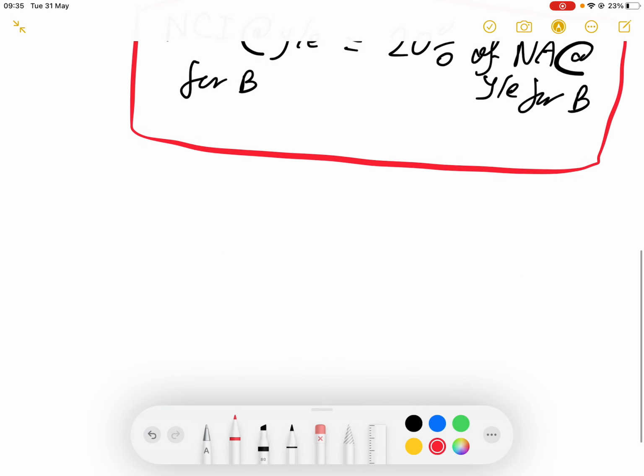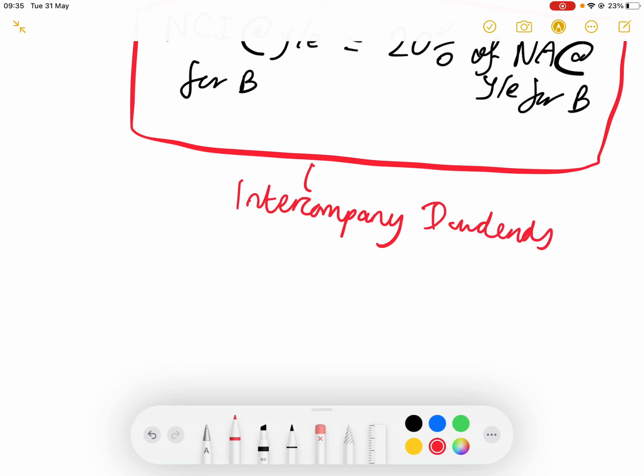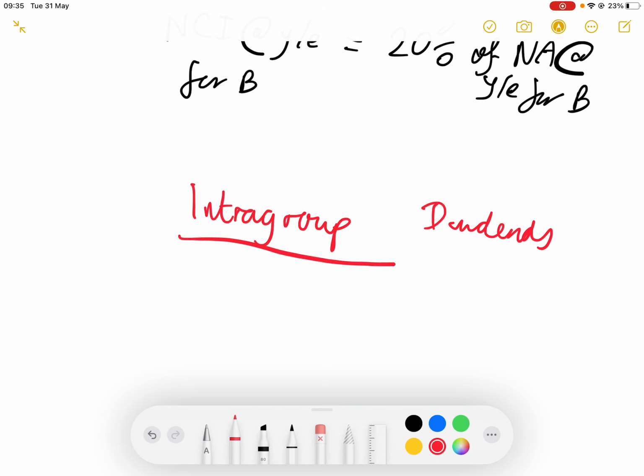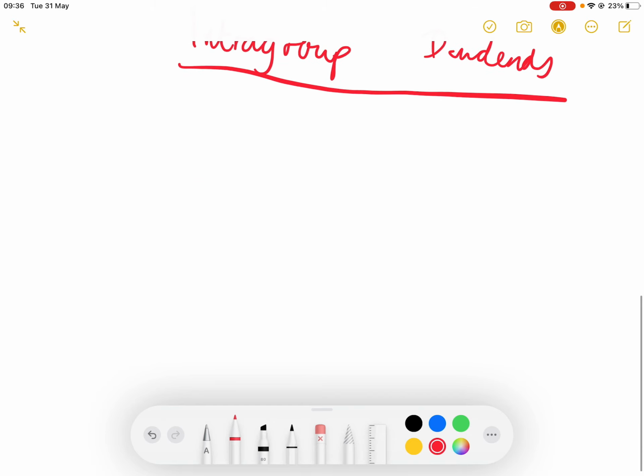Now, an adjustment you'll need to make is for intercompany dividends, intragroup dividends. I should probably put intra, so within the group. So I'm just going to rub that out, and I'm going to put intragroup, like so. Okay, intragroup dividends. Now consider this example.